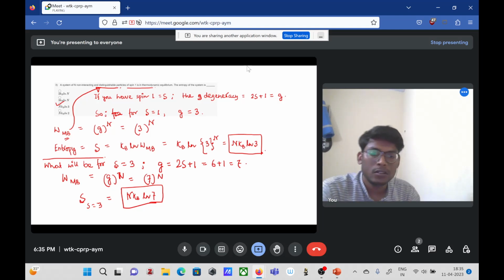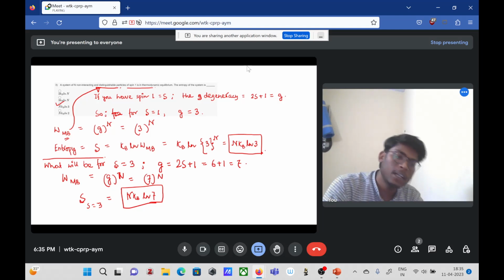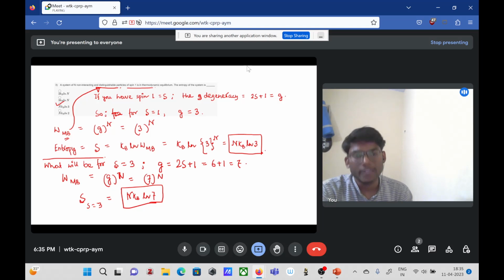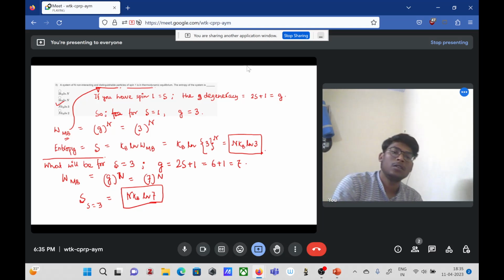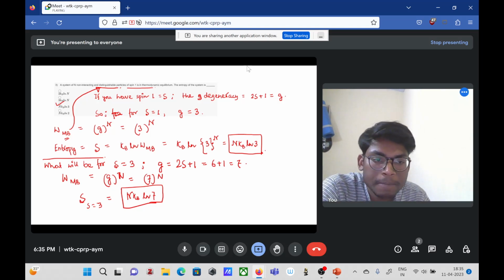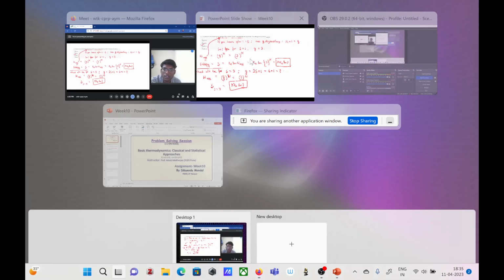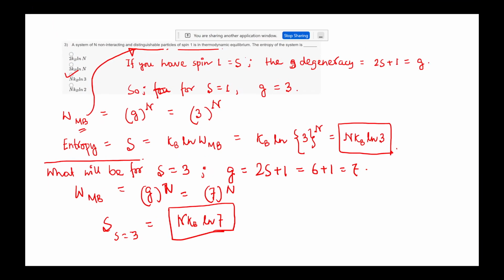Rather than being specific, I will be more generic, and then I will come to the main problem, which will be a corollary or some kind of special case of those generic problems. Okay, any questions so far? If not, let's move on to the next problem.